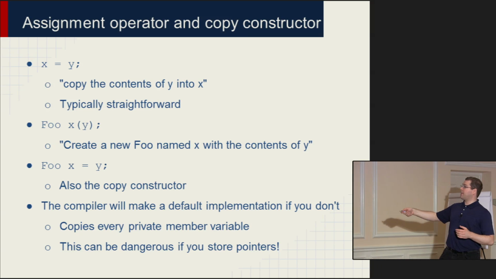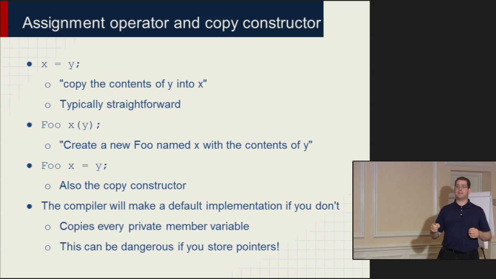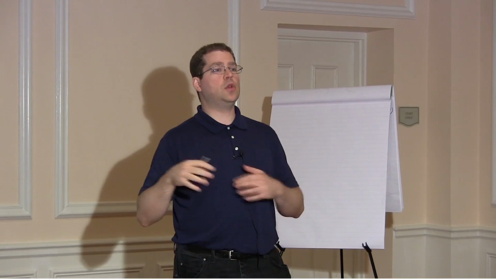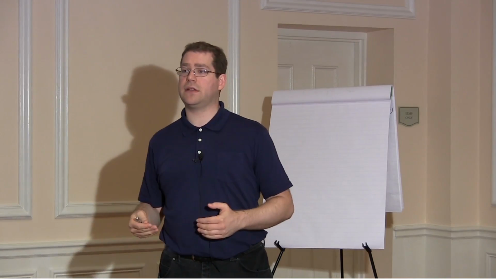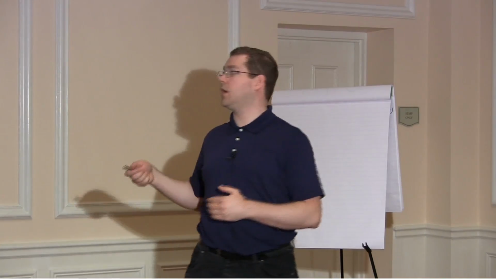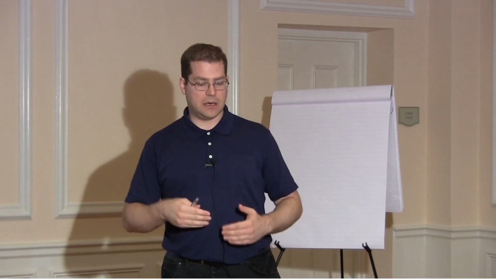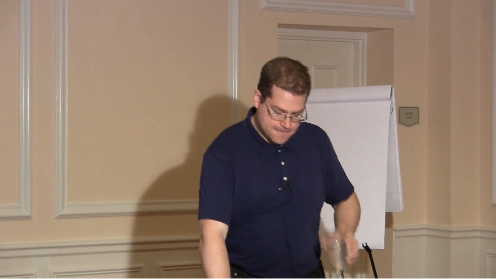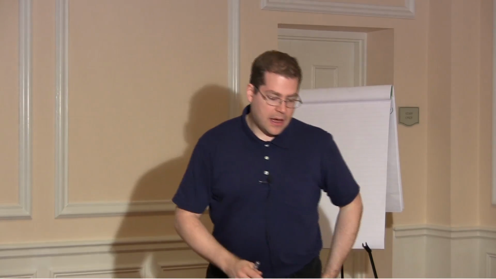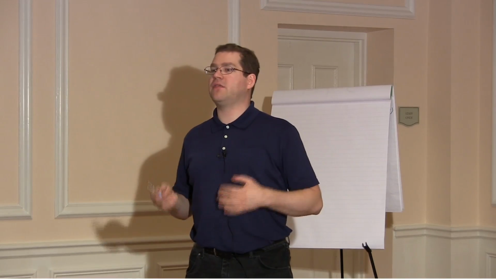An important thing to realize about all of these cases is that even if you don't specify a copy constructor or an assignment operator in your class definition, the C++ compiler will make one automatically for you, because these semantics are very important when operating in C++. It sort of needs to have these available. But the one that the compiler makes is very simple.